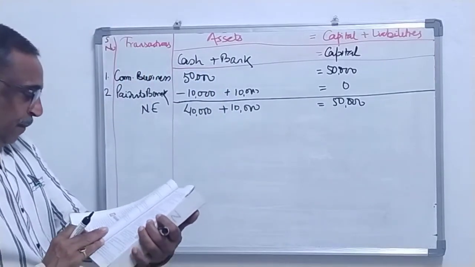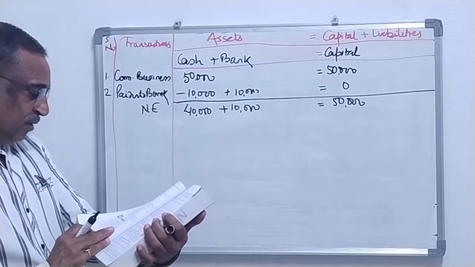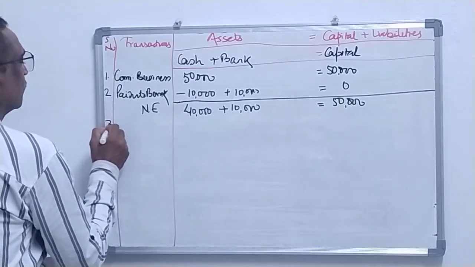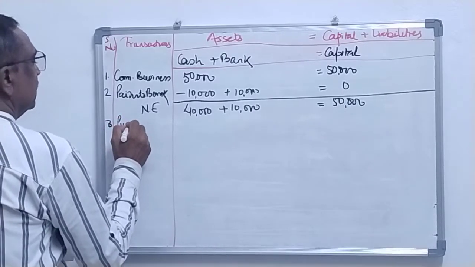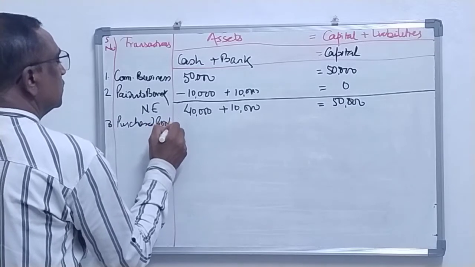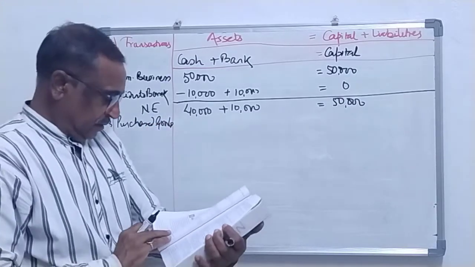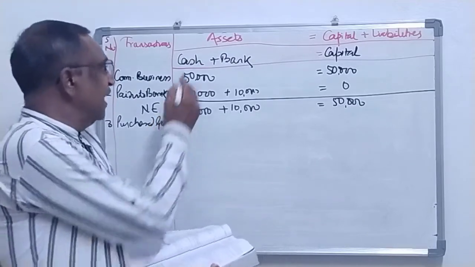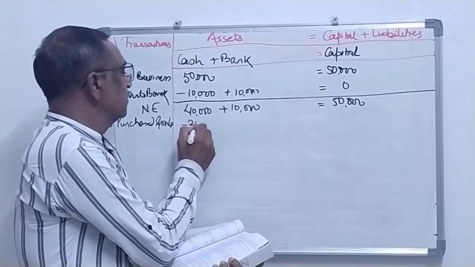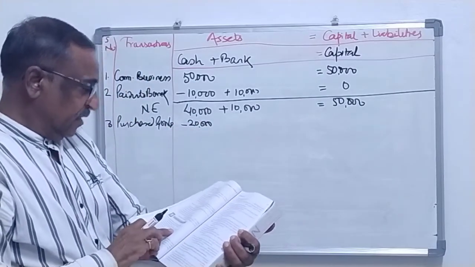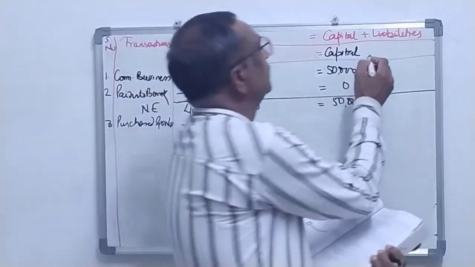Clear? Purchase goods for cash 20,000 and credit 30,000. Purchased goods, 20,000 for cash and 30,000 on credit.